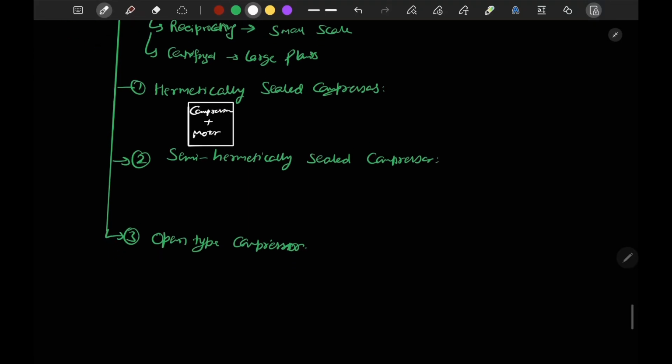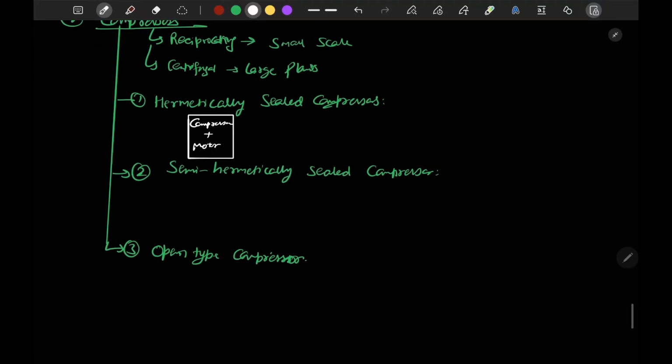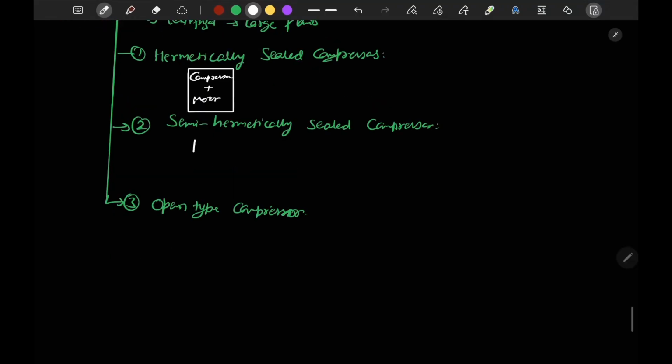Okay, if we talk about semi hermetic, let's say this is our closed casing, but here we have installed the compressor. It is not completely sealed. Here, in the hermetic one, this is leak proof, and that is 100%.